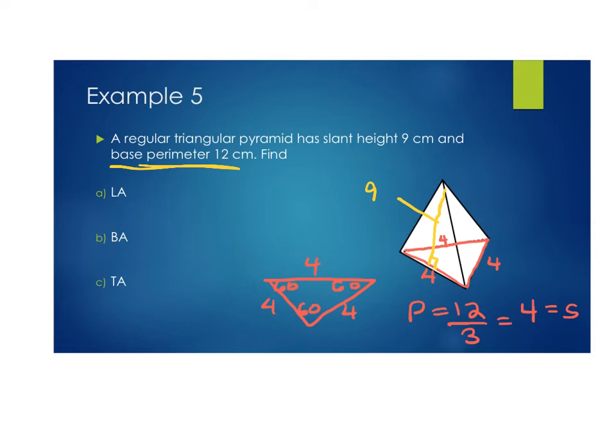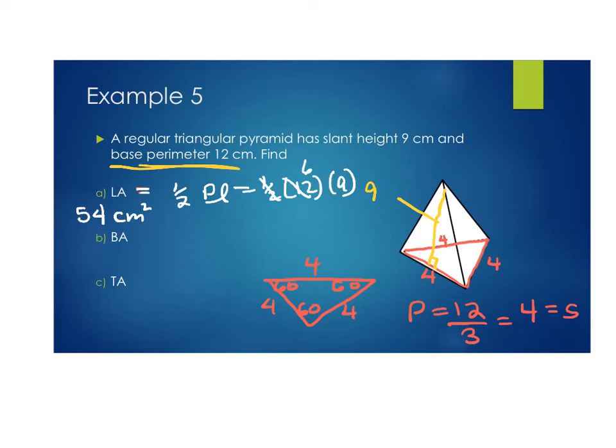Now what I need to do is first find the lateral area, and I can use the formula 1/2 perimeter times slant height. They gave me both of these in my given, so it's 1/2 of 12, which was the perimeter, times the slant height, which was 9. I could take half of 12, make it 6. So my lateral area is 54 centimeters squared.